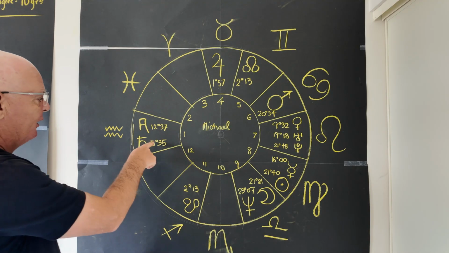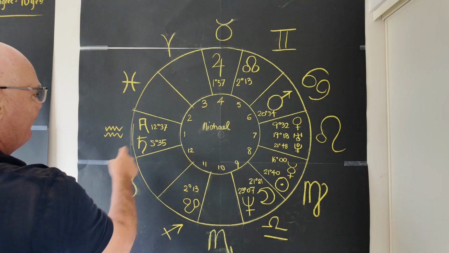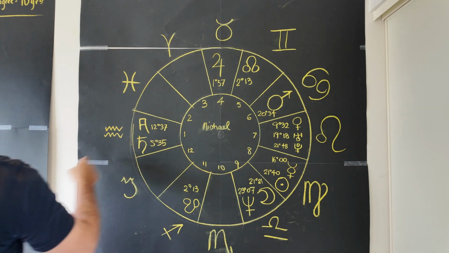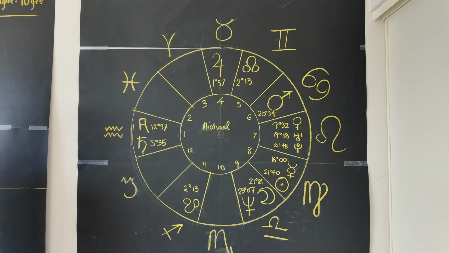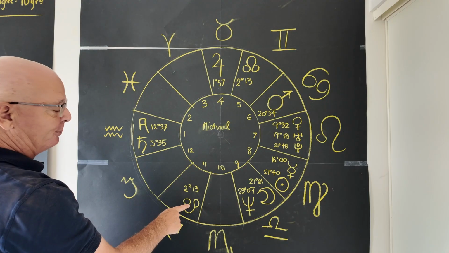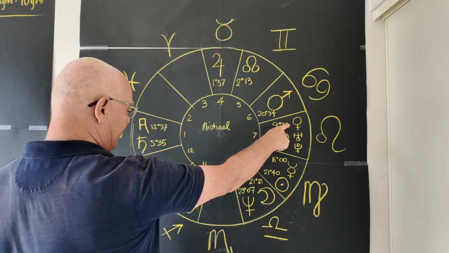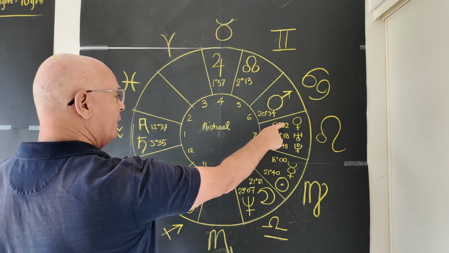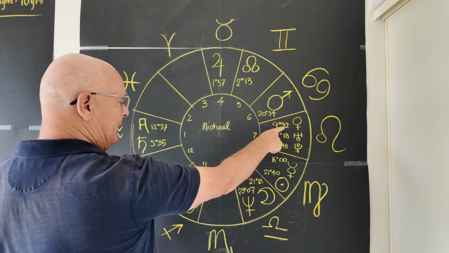Saturn's proximity to the ascendant is 7 degrees and 2 minutes. The south node here is aspecting Venus, 240 degrees with an orb of 7 degrees and 19 minutes.